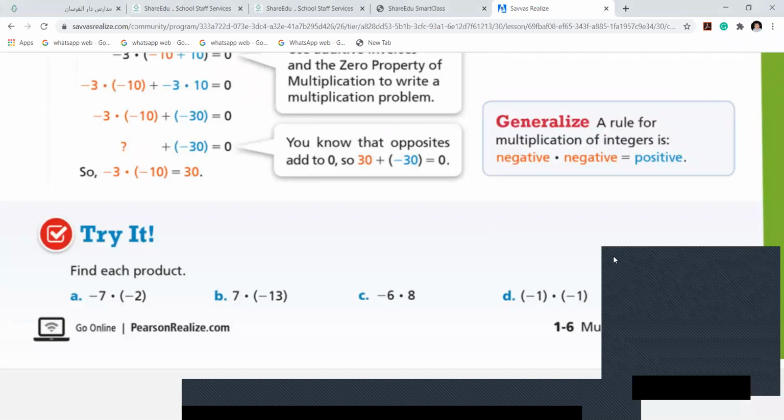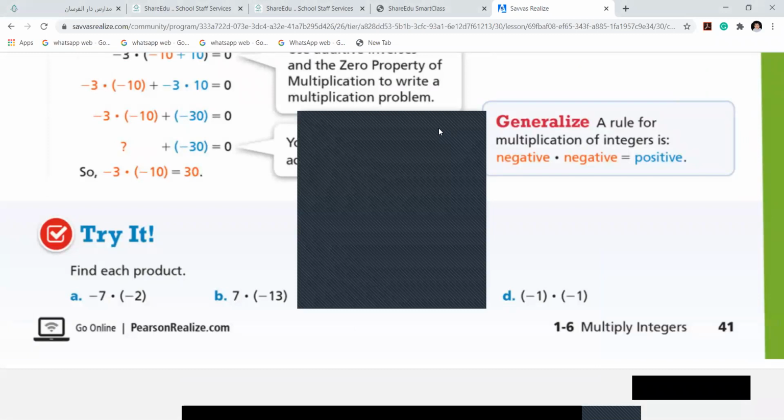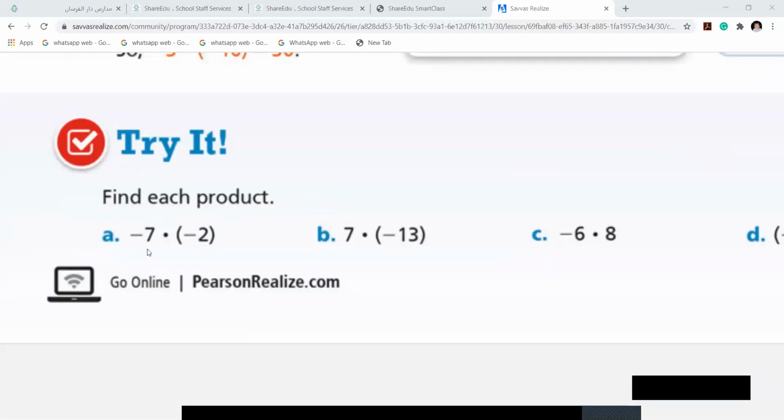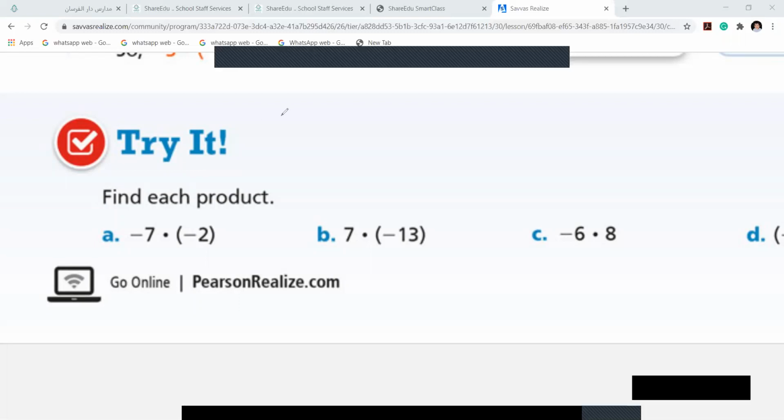Zishan, you don't understand? Simple. Just multiply. Remember this. I will just write here the rule. Remember, in multiplication, minus and minus, my answer will be plus.